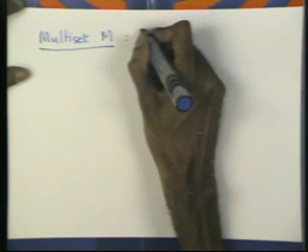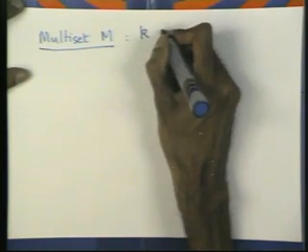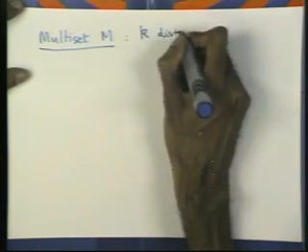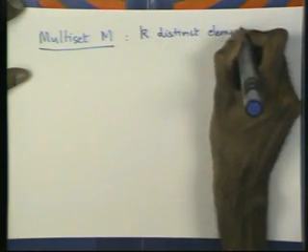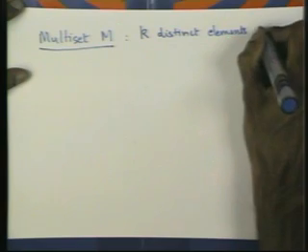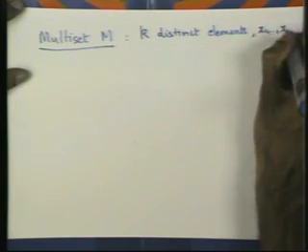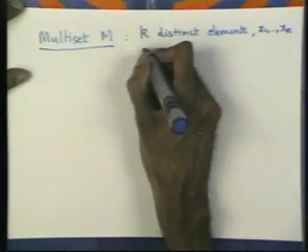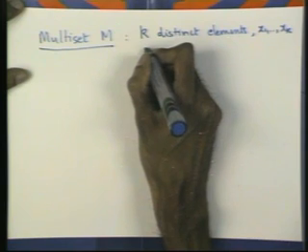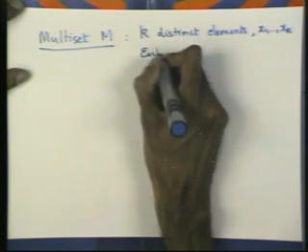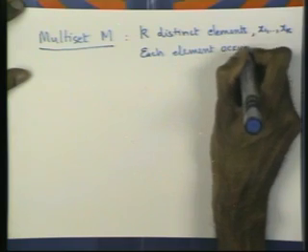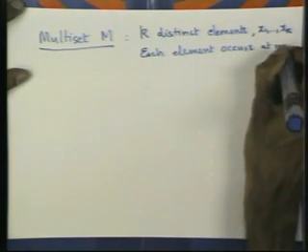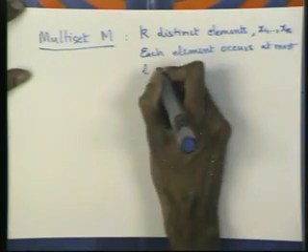This has k distinct elements. Okay. Let us say x1 and so on up to xk. Each element occurs at most L times.